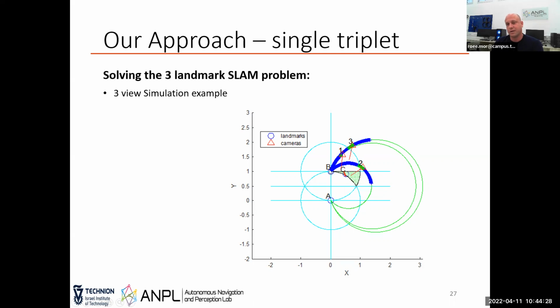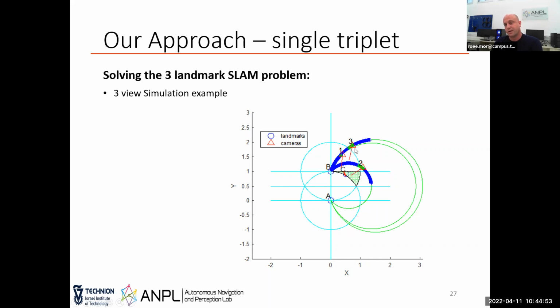Okay, so you can see that when you have two views, you can greatly reduce the location of the camera, the pose of the cameras, and then the green markings you can see next to the cameras are the possible camera poses when you have three views.